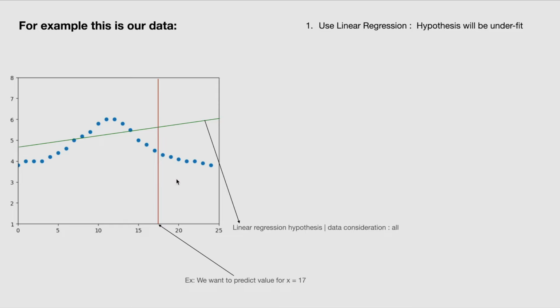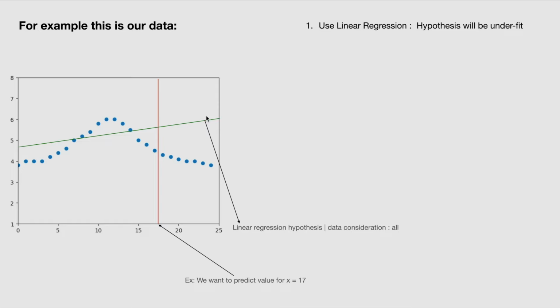Once we use linear regression, our hypothesis will look like this. Our data is about 5.5, but our actual data is just 4.2. The line is the best fit, but it's not satisfying most of the data. So we will say this is a bad model.